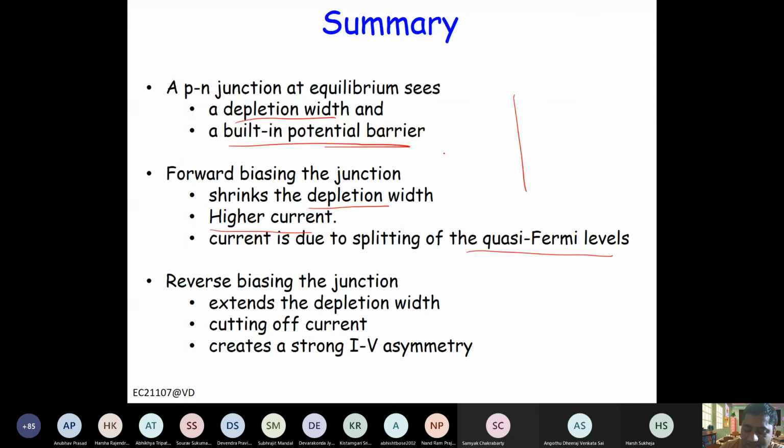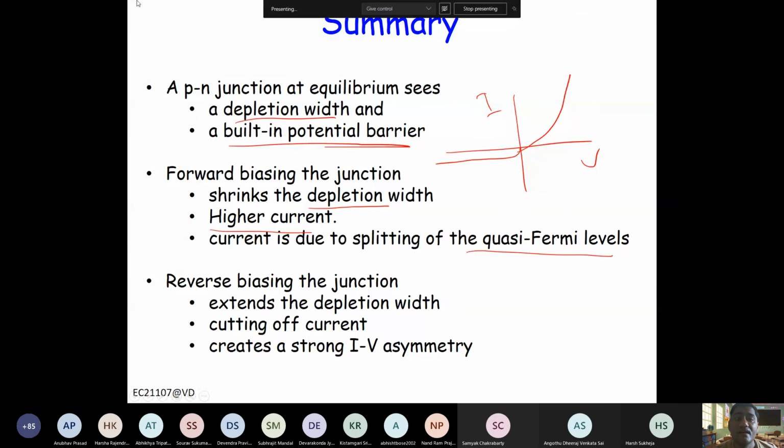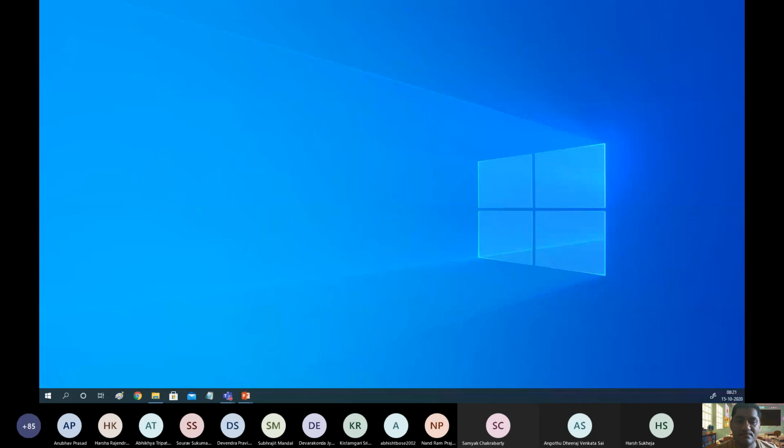So of course, there is a high diffusion current in forward bias, and there is a fixed drift current in reverse bias. So you have an asymmetrical IV curve. So with this, I close this chapter. We will take one or two quick questions, then we will move to another slide.